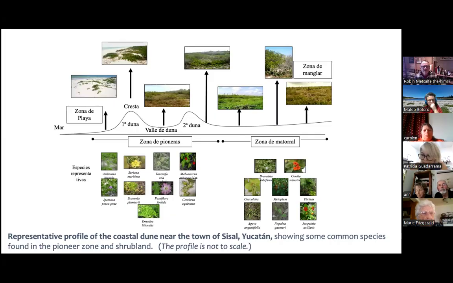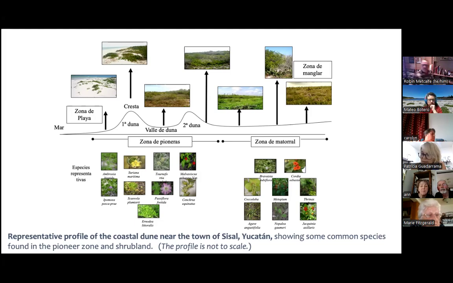Near the sea in this image, you can see plants that are more tolerant to tides.